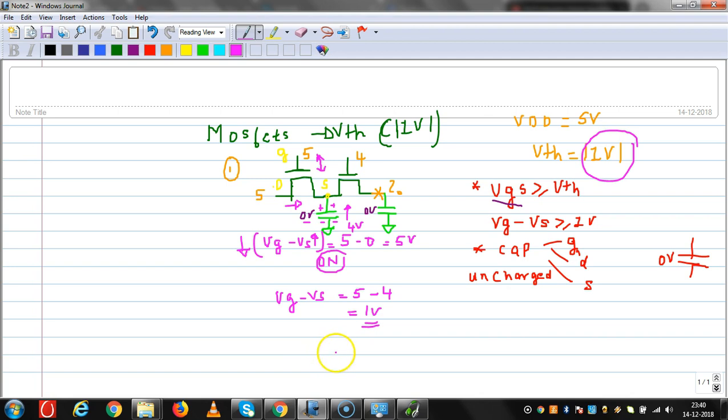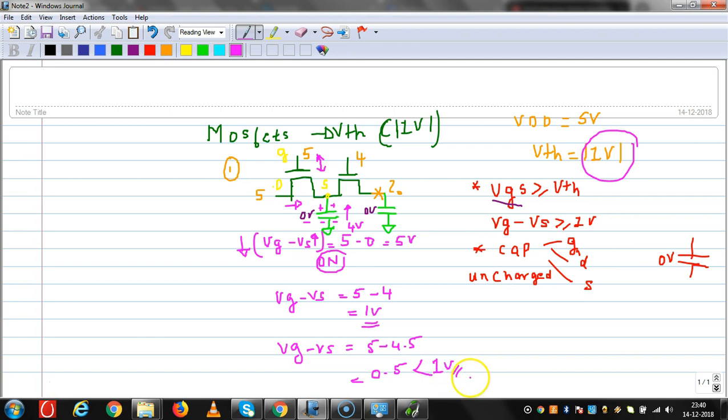The other way to look at this is, if the source voltage is greater than 4 volts, let's say, just as an example, this cannot happen in reality because the MOSFET gets turned off, but let's say this capacitor charges to 4.5 volts. Then gate voltage minus source voltage gives a gate to source voltage of 0.5, which is lesser than 1 volt.